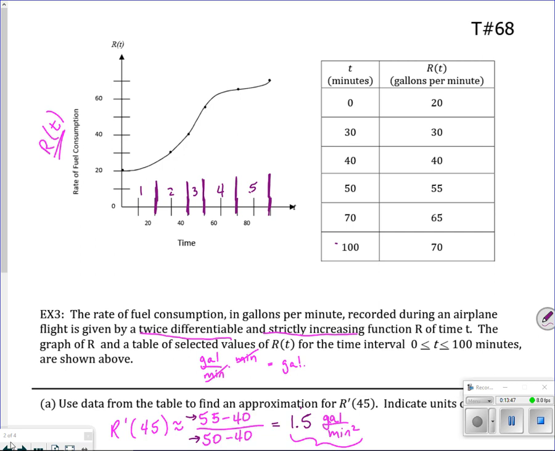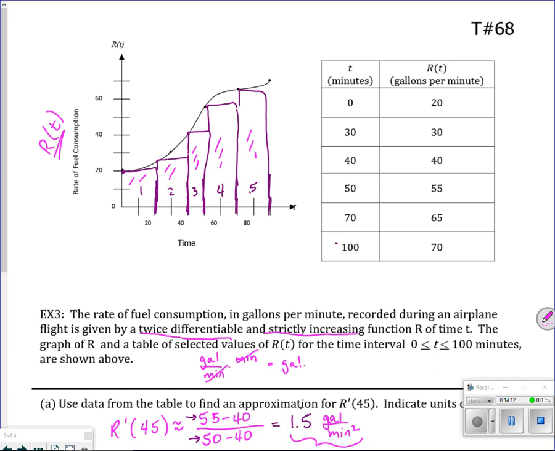We were doing a left sum, so the left upper corner is going to be on f of x. Got a little crooked there. There are my 5, and I'm doing the area of those 5 rectangles.